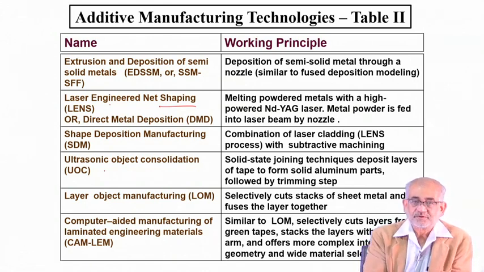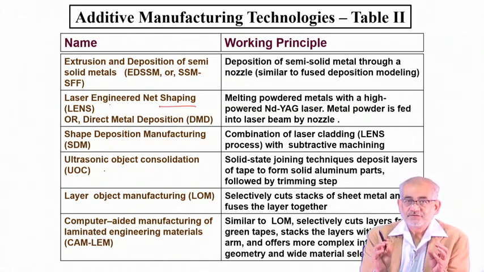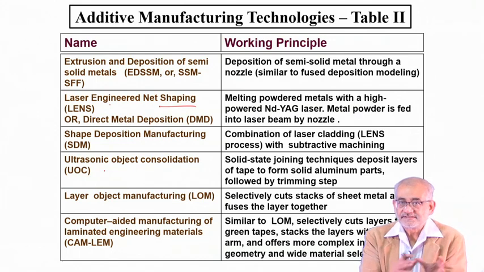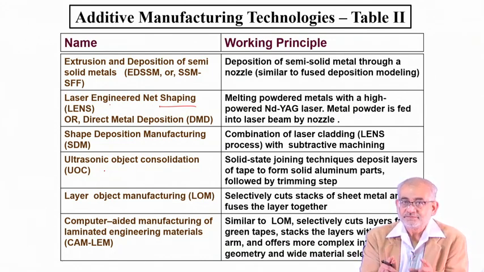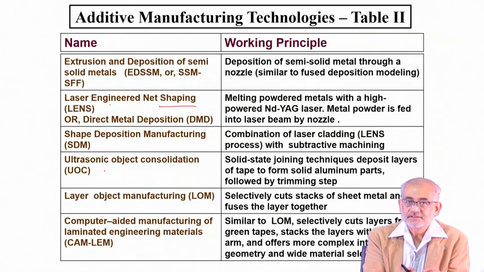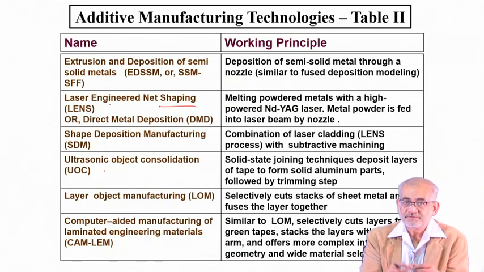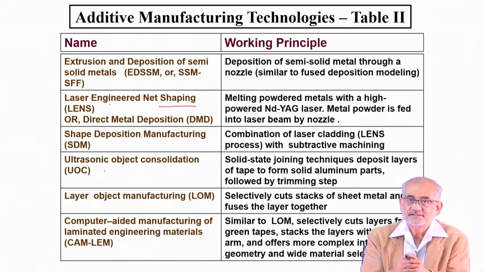These are various names possible. Essentially, if you are feeding powder or wire or tape or rod, in all these cases, that's the feed side, that's the material side. It can be one material, or multiple materials with multiple feeding points, or multiple materials with a prefabrication process bonded in the form of a wire or a tape, which is not material A alone, but A plus B or A plus B plus C in varying volume fractions, and so on.